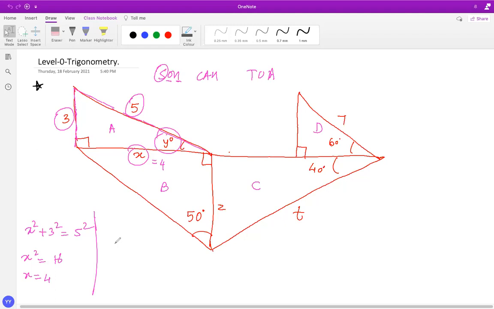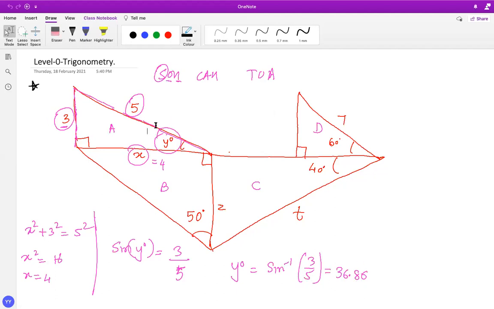So sine of y degrees equals the opposite side, which is 3, over the hypotenuse, which is 5. So y is sine inverse of 3 over 5, which is 36.86 on the calculator. So the first puzzle gives an angle of 36.86 degrees.